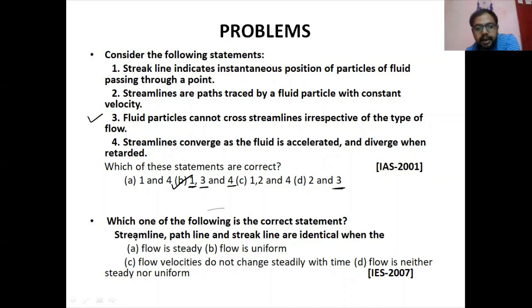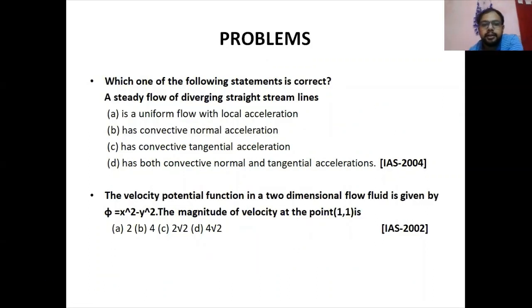Next question: streamline, path line, streak line are identical when the flow is steady. So there is no doubt about it. A single streak line you can find out if the flow is steady. In a steady flow with diverging streamlines, what will be happening here? Which kind of acceleration will it have?